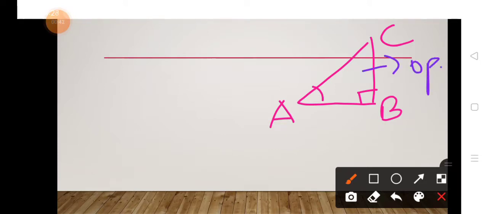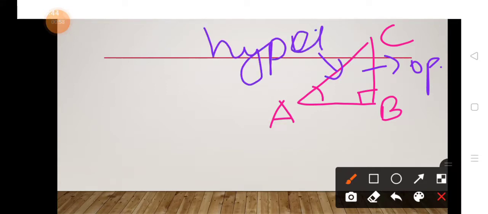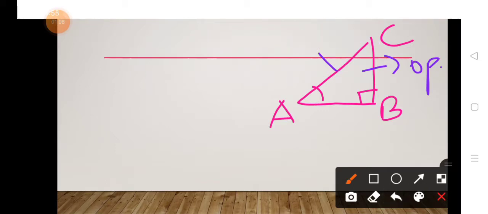We call this BC the opposite side. So we call it opposite to angle A, the side opposite to angle A. And AC, what do we call AC here? AC we call the hypotenuse.